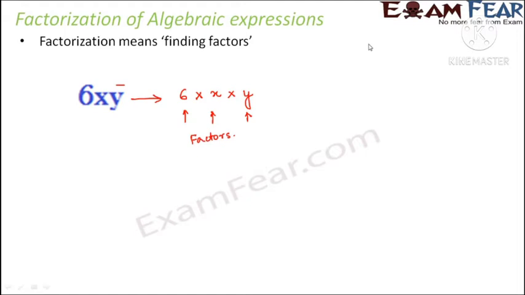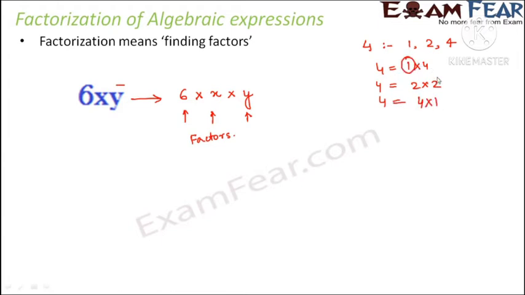For example, take a number like 4. What are the factors of 4? 1, 2 and 4. Why? Because 4 can be written as 1 into 4. 4 can also be written as 2 into 2. 4 can also be written as 4 into 1.